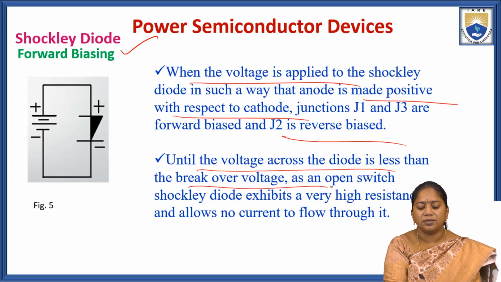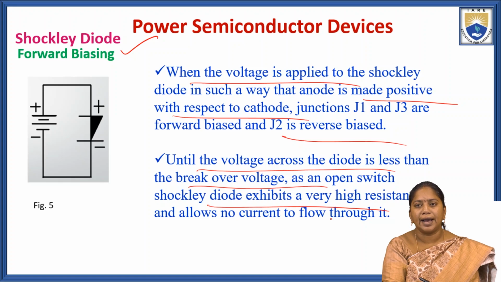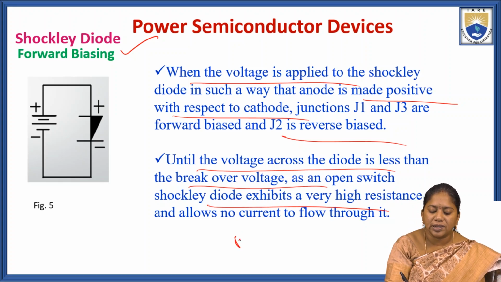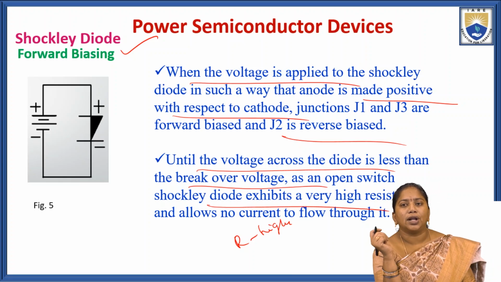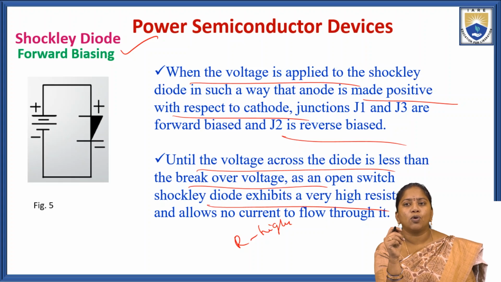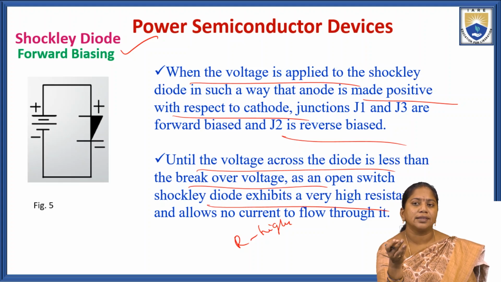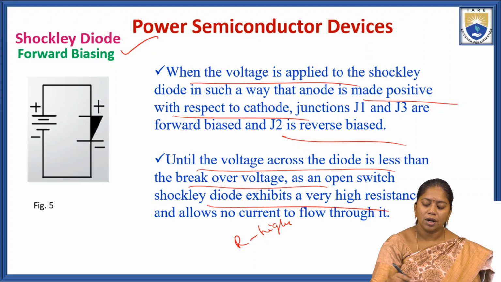Like an open switch, the Shockley diode exhibits a very high resistance. High resistance means there is no current flow through the diode. So until the voltage across the diode reaches the breakover voltage, the switch is open, meaning the diode exhibits very high resistance and there is no current flow.